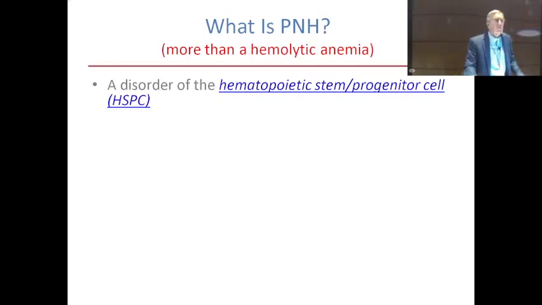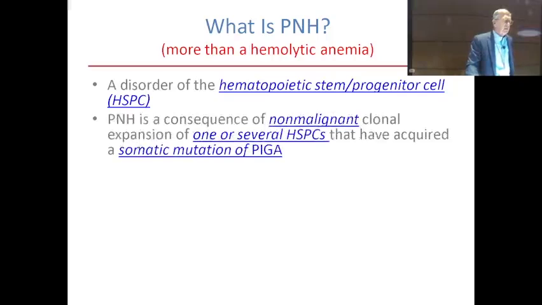So the mutation occurs in a progenitor cell or a stem cell or an early progenitor cell. As a result of this, there's a clonal expansion of the mutated cells. This is a clonal disease, but it is not a malignant disease.